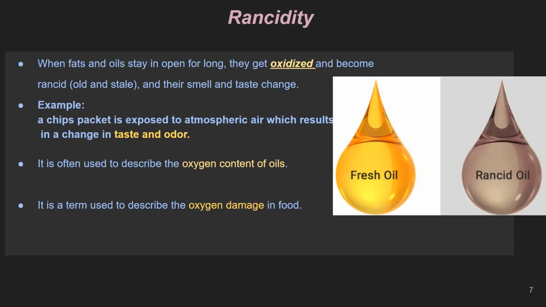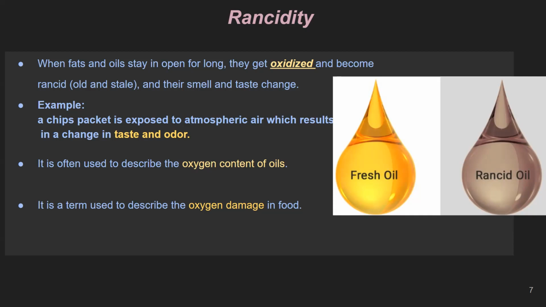When a chips packet is exposed to atmospheric air for a long time, its odor and taste change, because a chips packet has oil, and this oil over a period of time in the presence of atmospheric air, specifically oxygen, gets converted into rancid or stale.